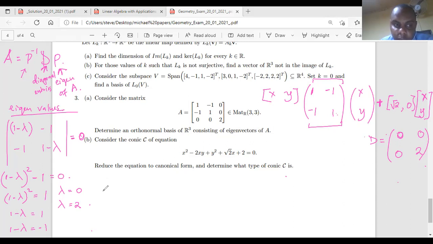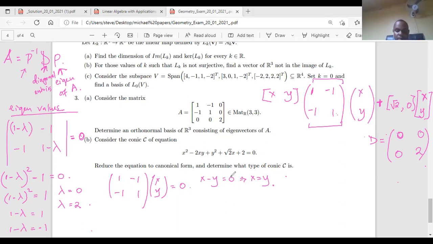So it would be 1 minus 0, minus 1, minus 1, and 1, times x, y equals 0. So x minus y equals 0 and minus x plus y, so x equals y.